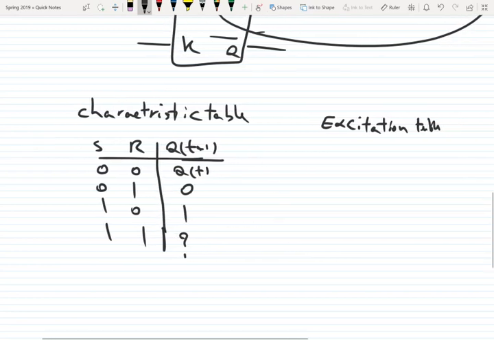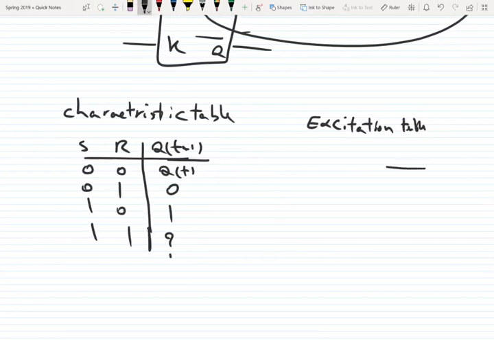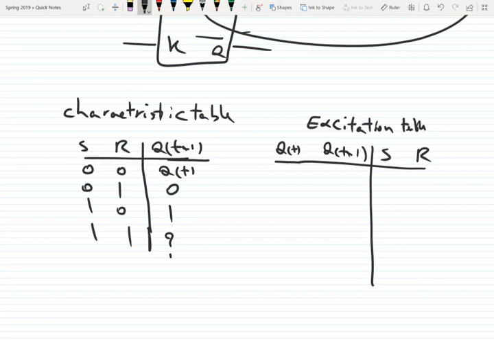The excitation table is the opposite of the characteristic table. So we have Q of t and Q of t plus 1, and we want to find S and R. Okay, so 0, 0, 0, 1, 1, 0, and 1, 1. Now, under which conditions, if Q of t is 0, Q of t plus 1 will be 0?